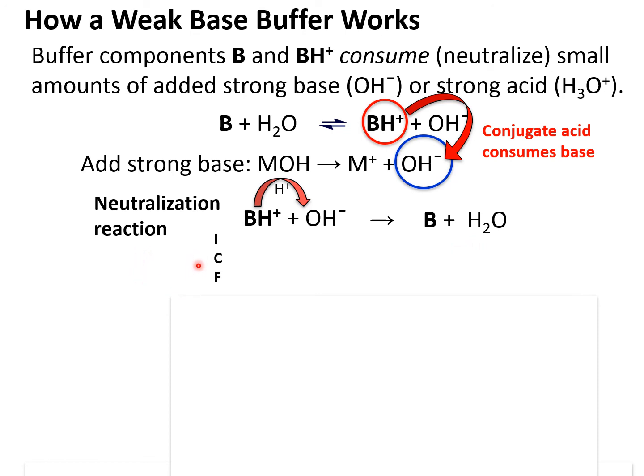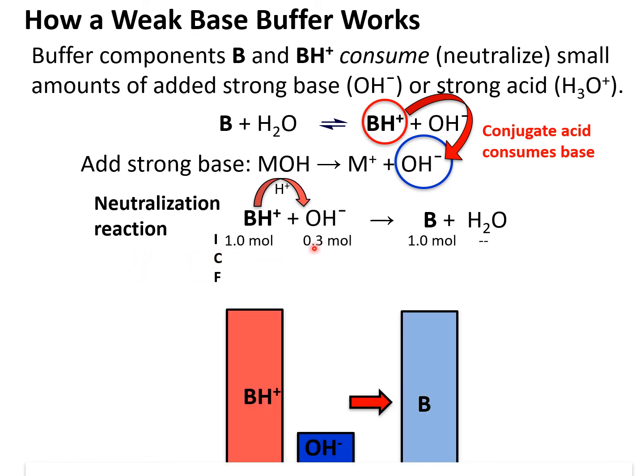And if we take a look at an ICF table, where we have the initial number of moles of weak acid, hydroxide, and conjugate base, we see that the change will be determined by the limiting reactant, which in this case is hydroxide, and so all of the hydroxide will be consumed.